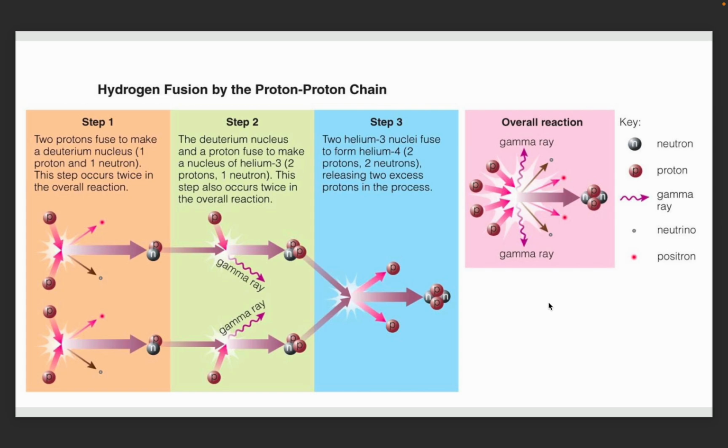So 2 deuterium nuclei are produced, and every deuterium nucleus gets merged with another proton and forms helium 3. Now 2 helium 3 get merged and produce helium 4. And in this reaction, 2 positrons are byproducts, and also 2 neutrinos are byproducts.